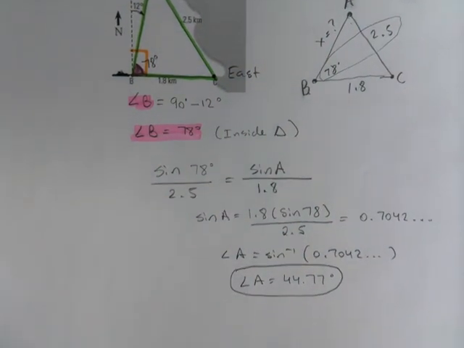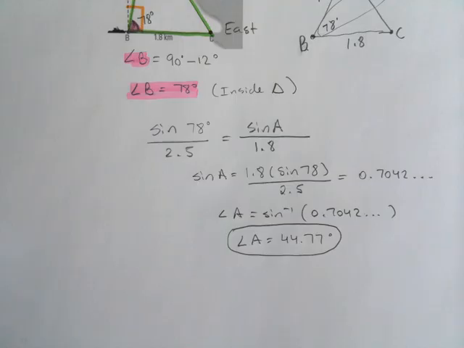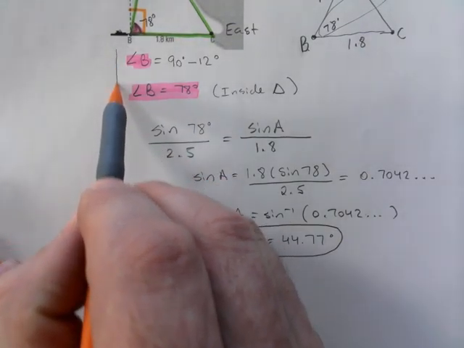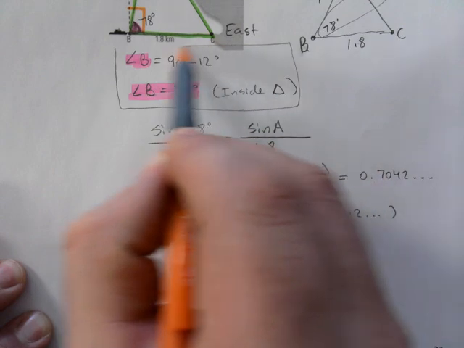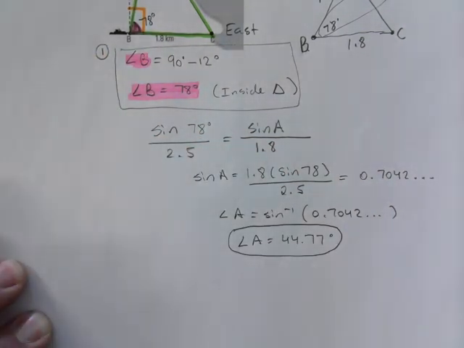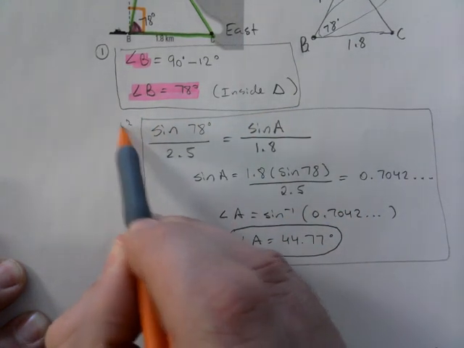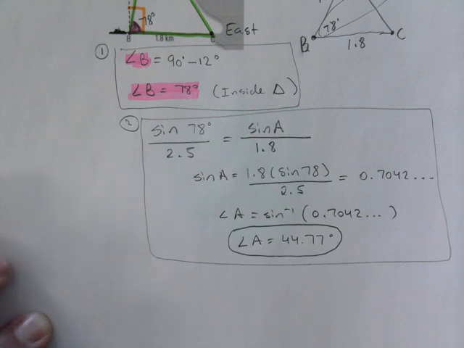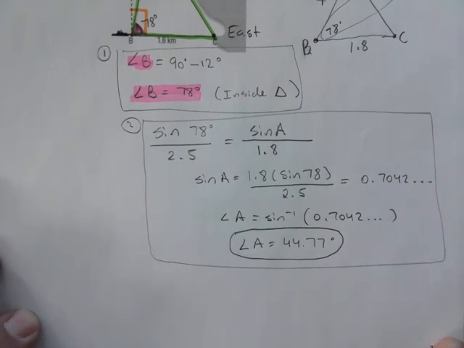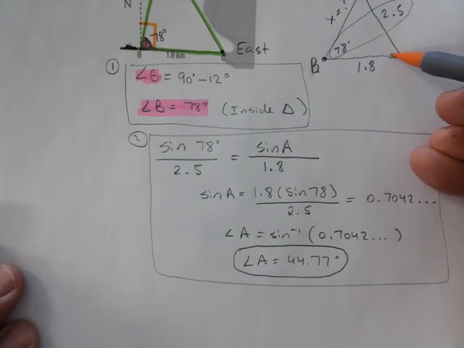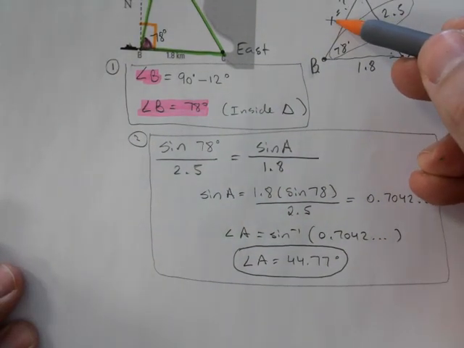Let me just move this down. I like to show what I did here. This here would have been step number 1. What I just did is what I would call step number 2. Can I now find angle C, which is across the side that I ultimately want?